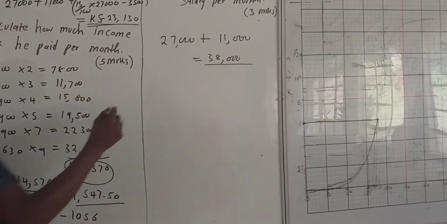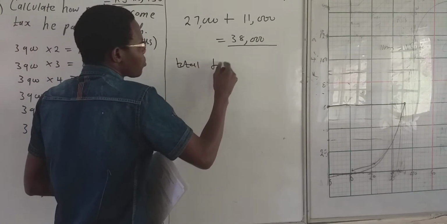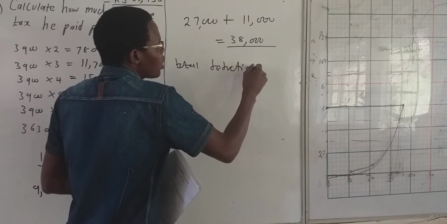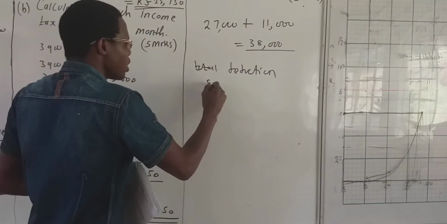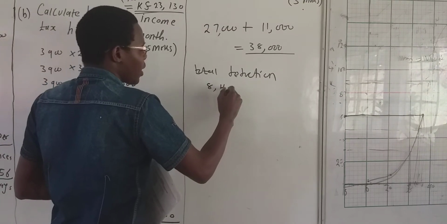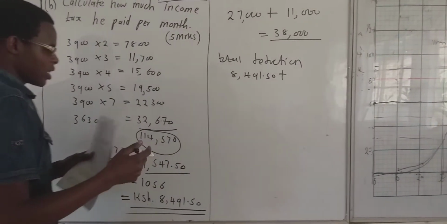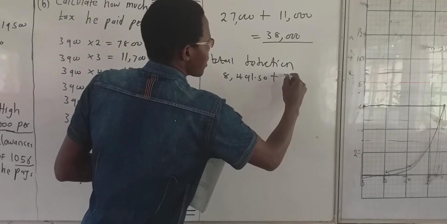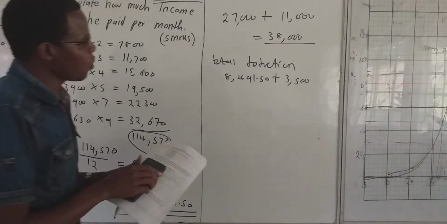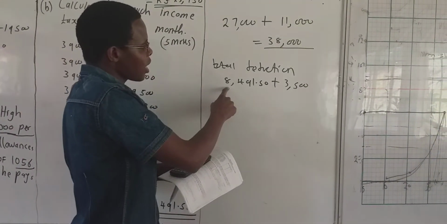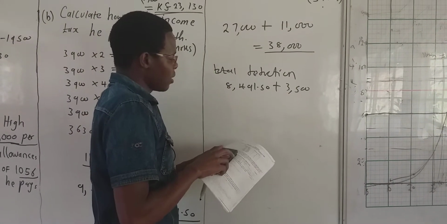So in this case, the total amount of money going to be deducted is the PAYE, which is 8,491.50 plus the nominal rent, which is 3,500. Let us try to say what is the summation of this one. 8,491.50 plus 3,500.